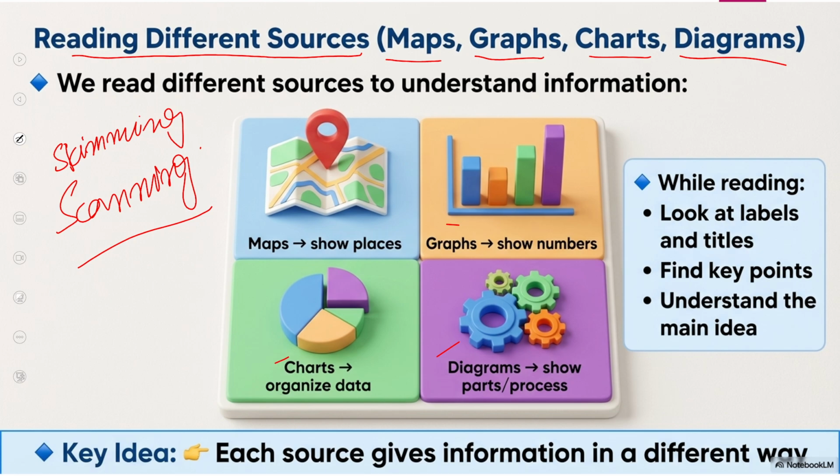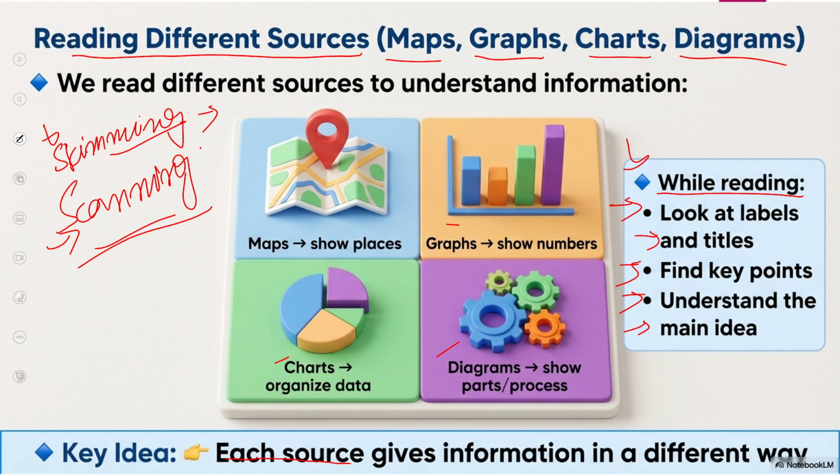In these sources we can also use skimming and scanning, and first of all, we have to choose where to use skimming and where to use scanning. So look at this. Whenever we come across maps, graphs, charts and diagrams while reading, look at the labels and titles. Look what we use here, labels and titles. Yes, that will be scanning. Find the key points, understand the main idea. It means that we have to use skimming for that purpose.